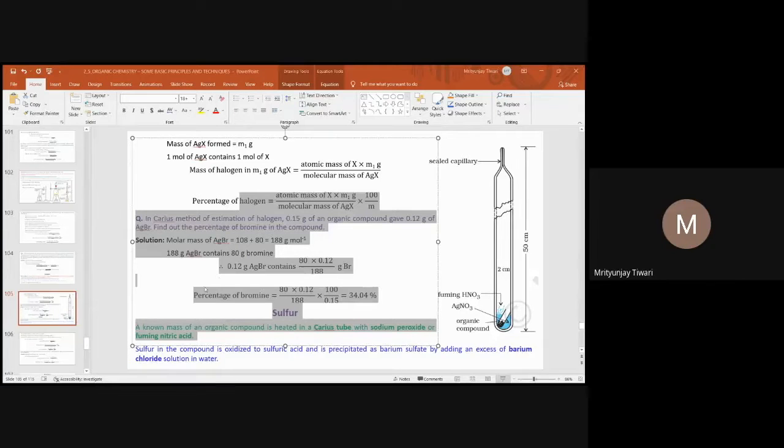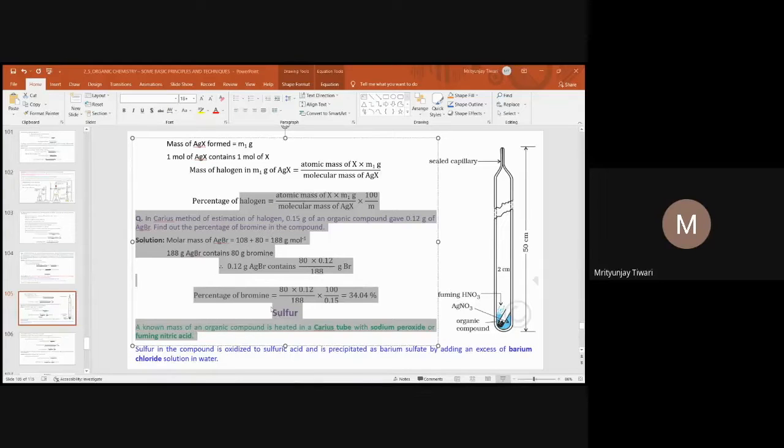Once we know the mass of bromine and the mass of the organic compound, we can get the percentage of bromine present in the compound. So the mass of the bromine divided by the mass of the organic compound, into 100, is what we get. This is 34.04% in this case.